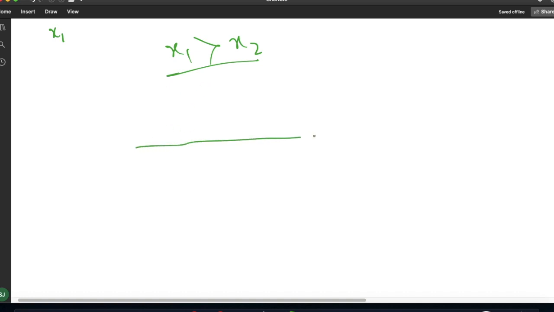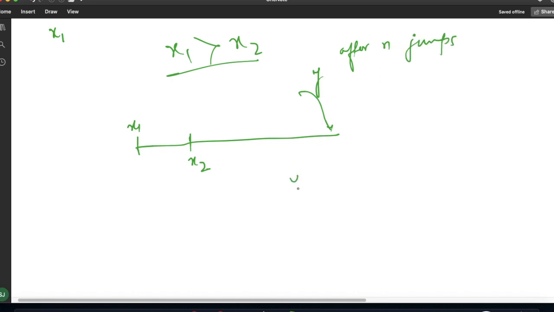Suppose this is my number line. Suppose this is my x1 present over here and x2 present over here. Now let them meet at distance y, suppose here at distance y after n jumps.